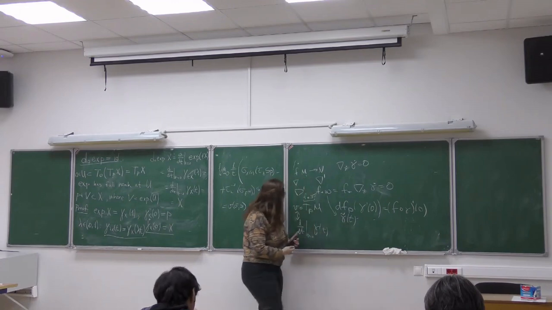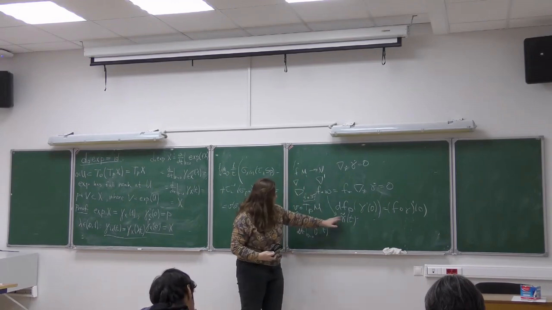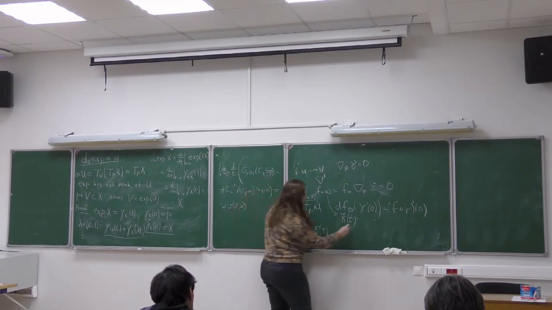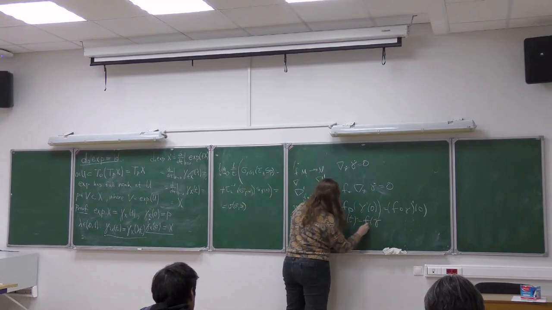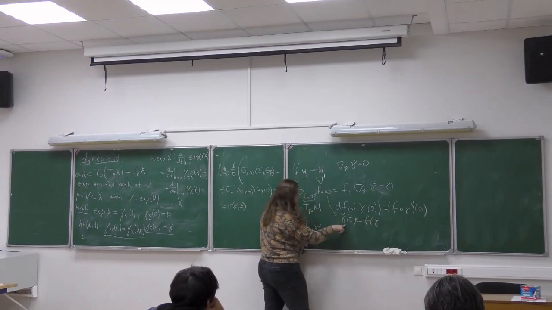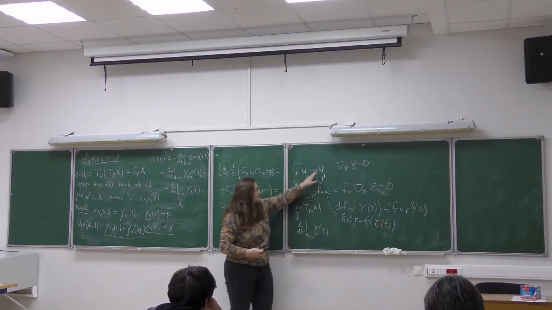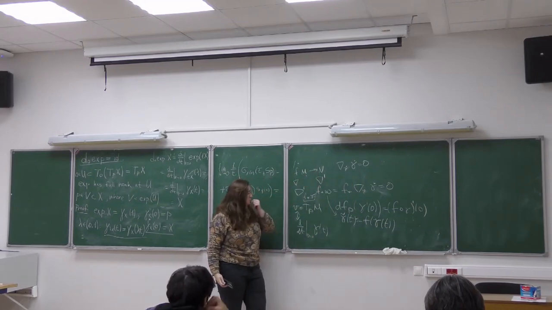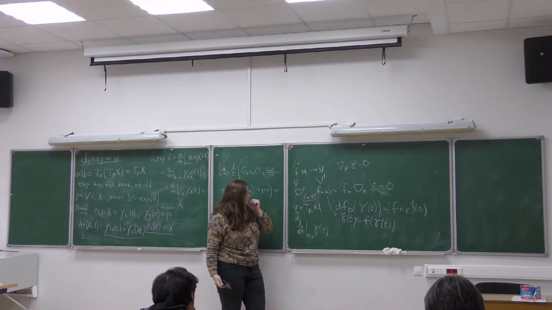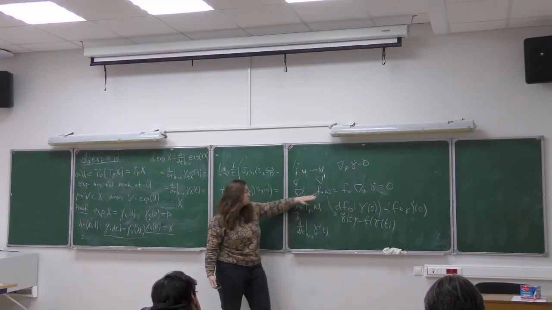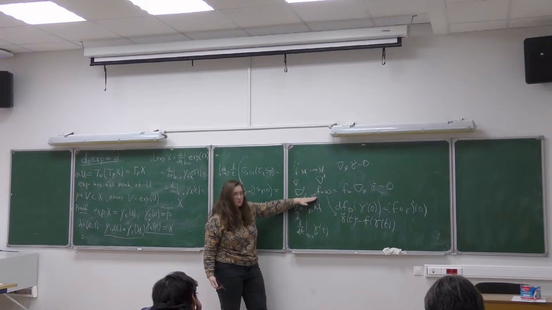So the curve gamma tilde is defined on manifold M. Since this part is equal to 0, this part is equal to 0 too.